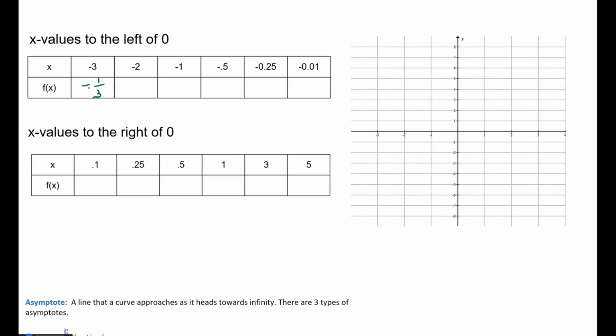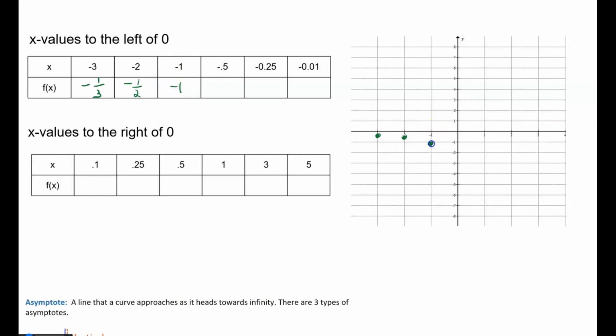So I'm going to go ahead and plot that point, -3 and -1/3, which is about right there. If I plug in -2, I get 1 over -2, so that's -1/2. So -2, -1/2. If I plug in -1, I'm going to get 1 over -1, which is -1.